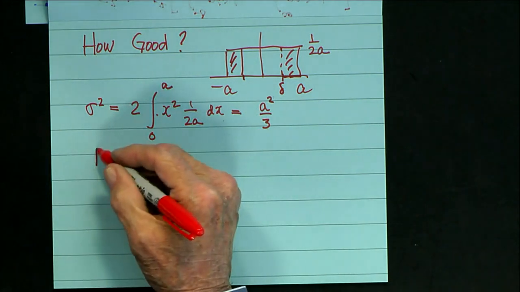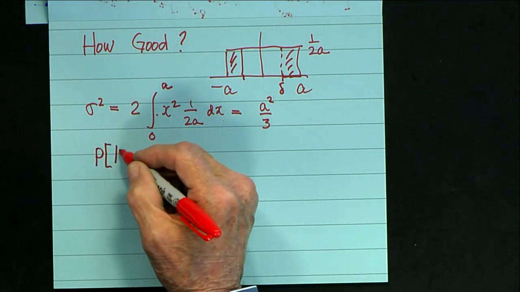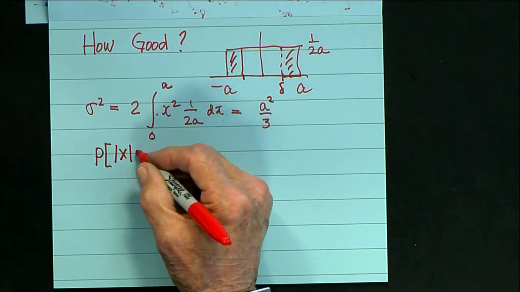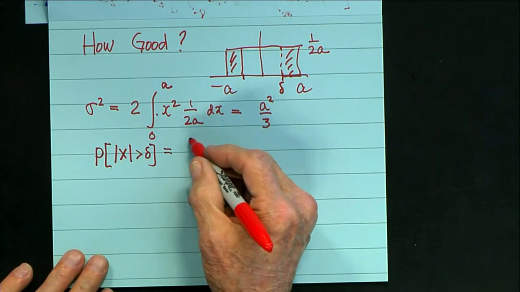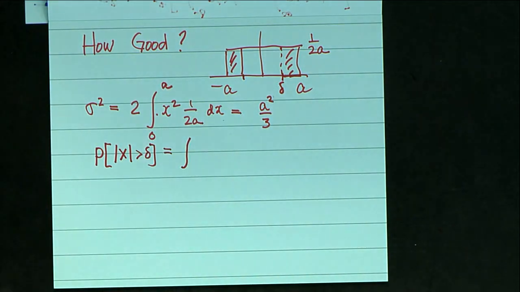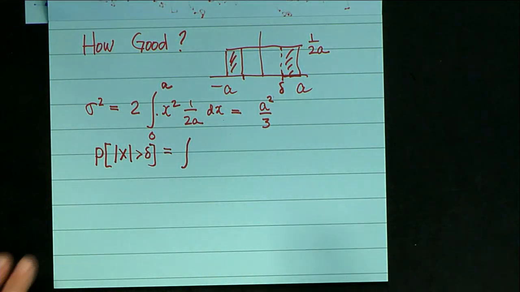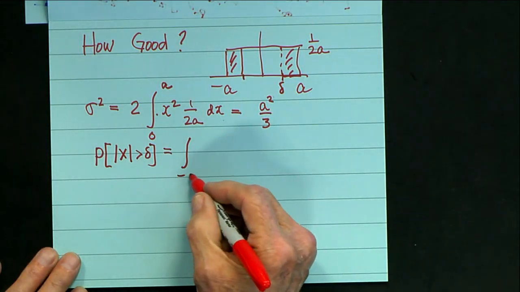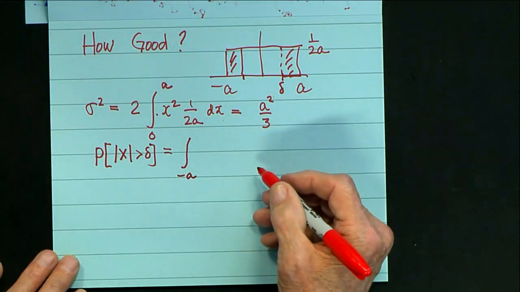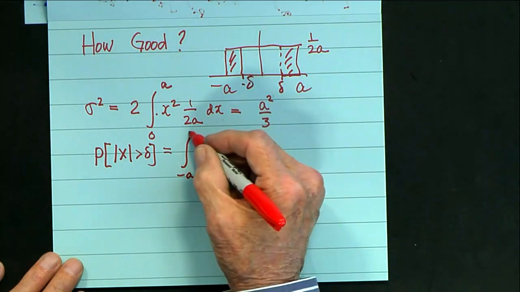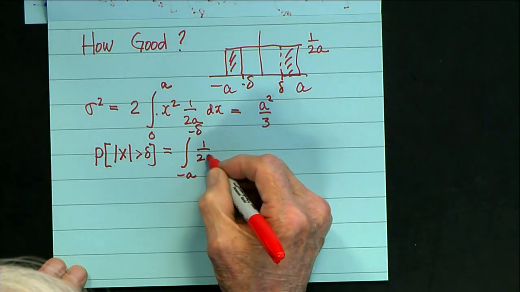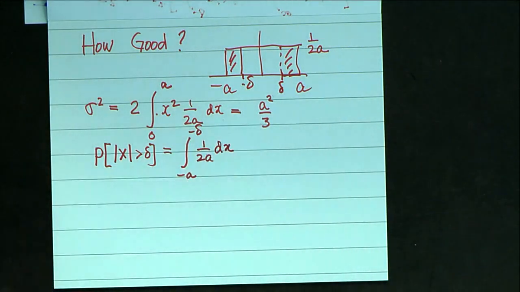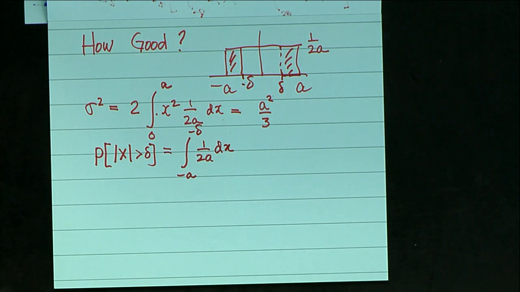So the probability that x is greater than delta is equal to the integral from minus infinity, well, there's no mass out there past a, to minus delta, of 1 over 2a dx. 1 over 2a is p of x, the uniform density.